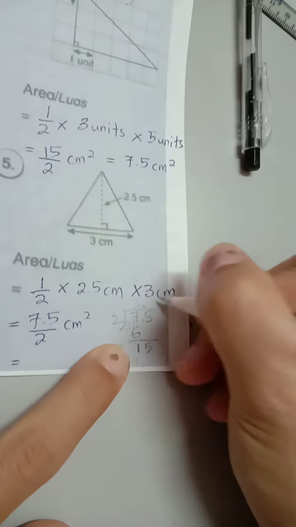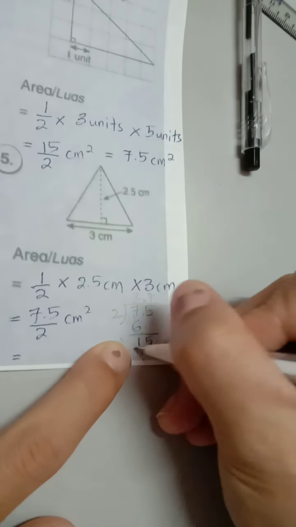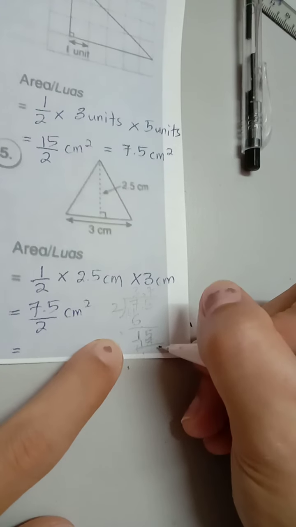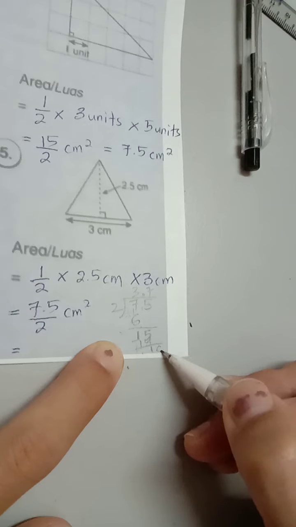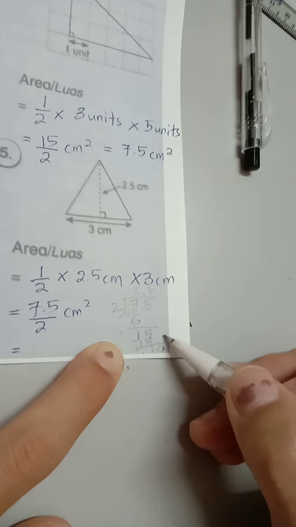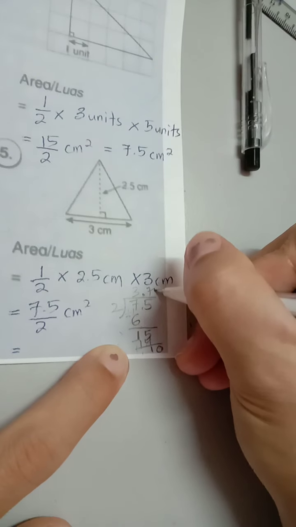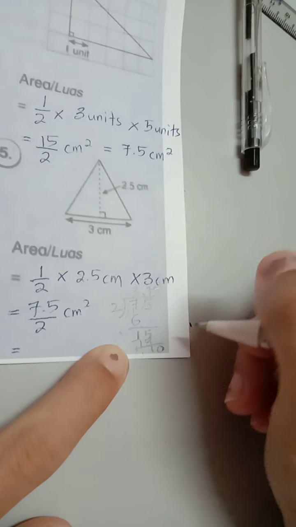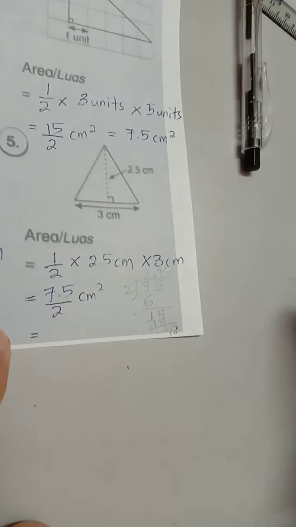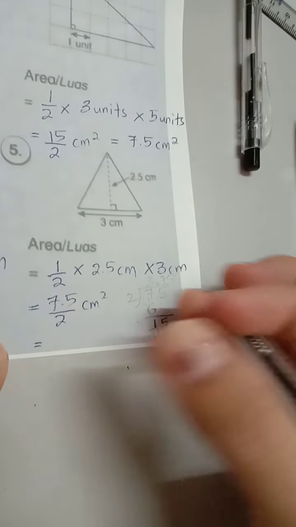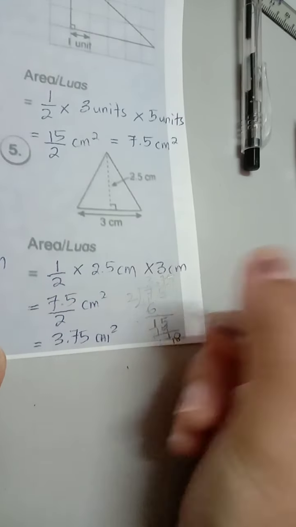So this is 0.2 times 7 is 14. The remainder is 1. I need to finish this, so I put 0 behind here. That is 10 now. There is 10 in table 2. That is 2 times 5 is 10. Okay, done. So the final answer is 3.75 centimeter square.